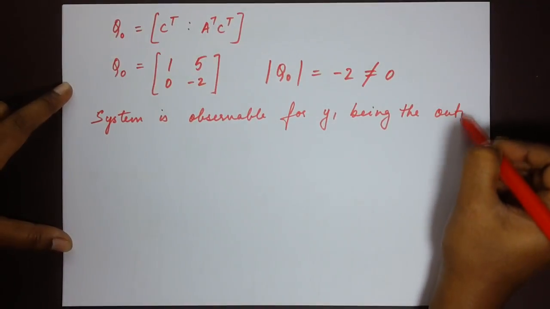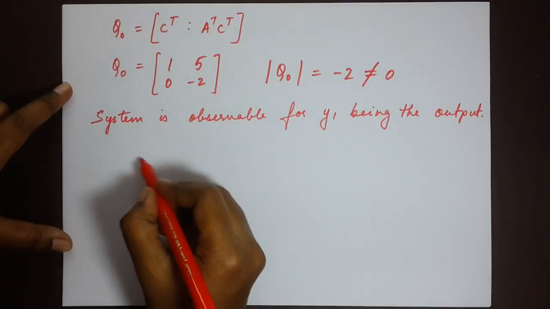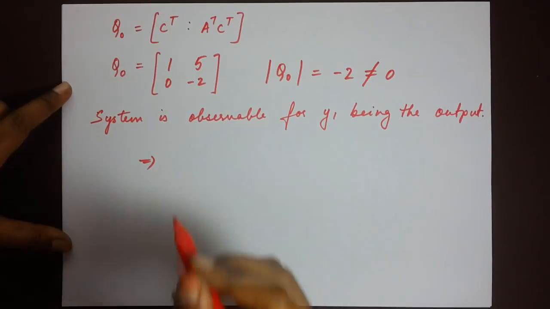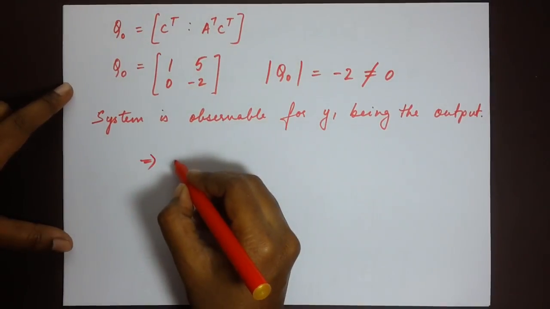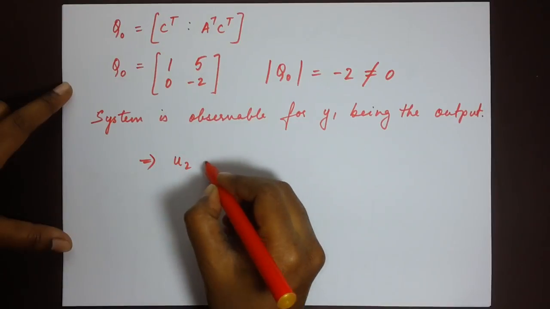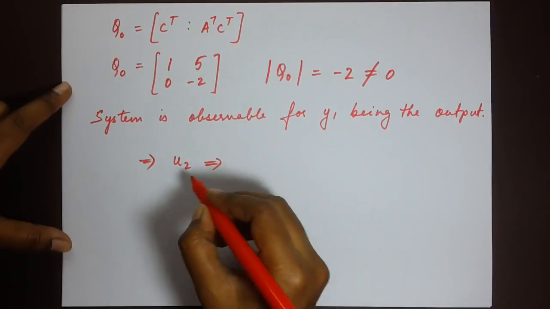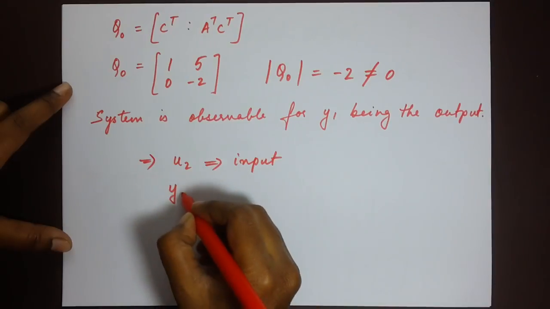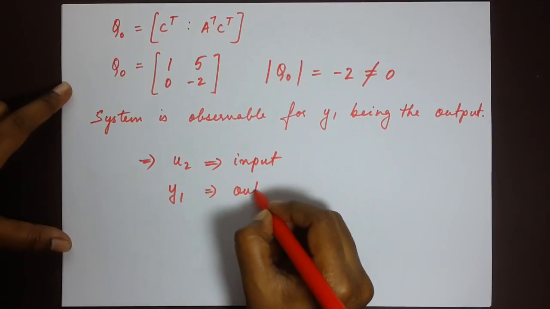So what are the conditions that we found? For the system to be both controllable and observable, u2 is the input and y1 is the output.